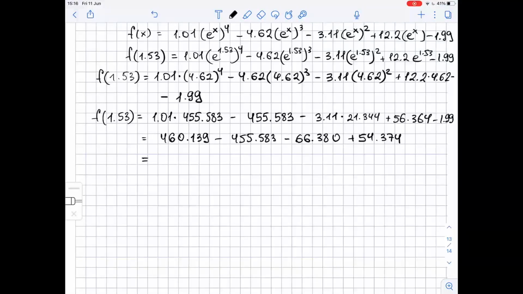Well, now again, after doing all the calculations, we get negative 7.45. So by using this method, f of 1.53 equals negative 7.45. Well, now let's move on to part B.